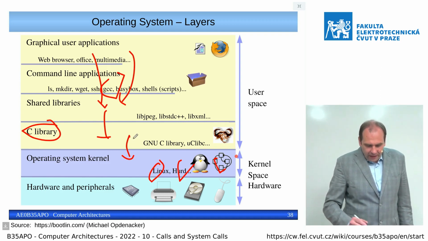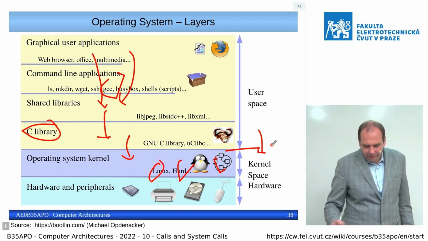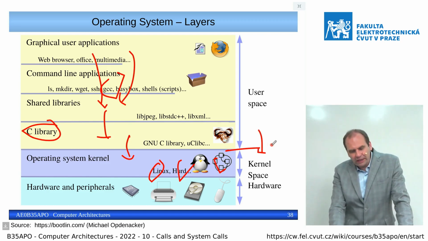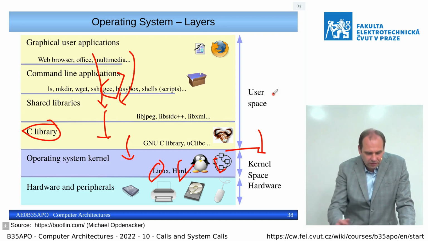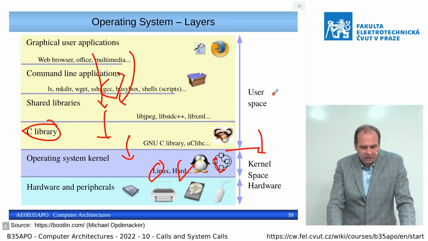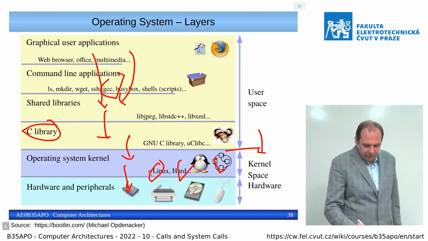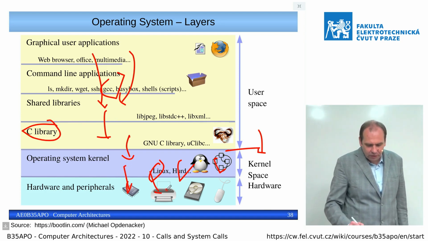As I have already said, when we pass data from user space to kernel space, it is necessary to switch from user privileges to system ones, because the system needs to directly modify registers in the hardware and so on.